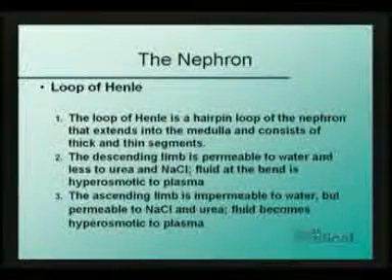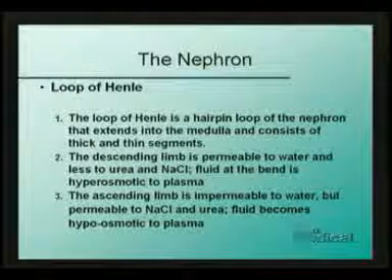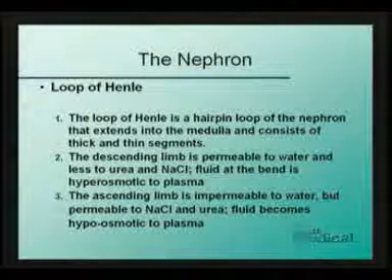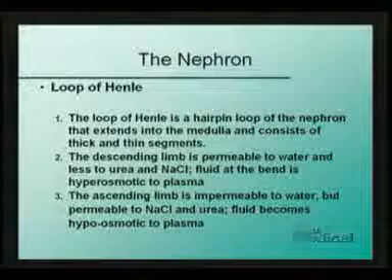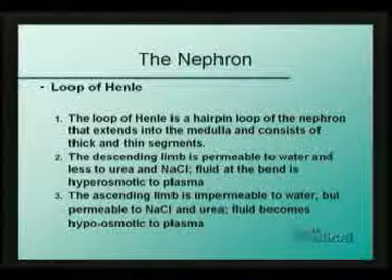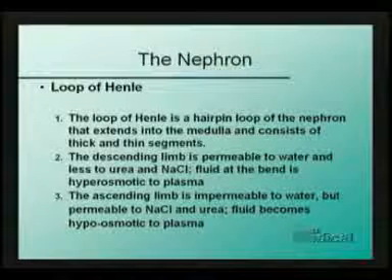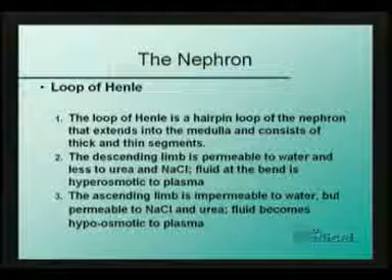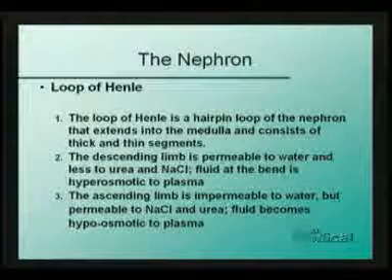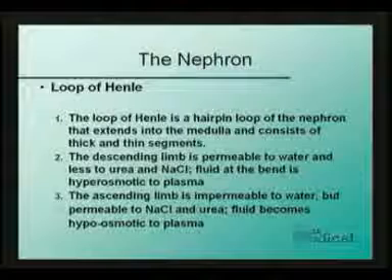As we move down into the loop of Henle, the loop of Henle forms a hairpin loop of the nephron that extends down into the medulla and consists of thin and thick segments. But the descending and ascending limbs have distinct differences relative to their permeability to water.